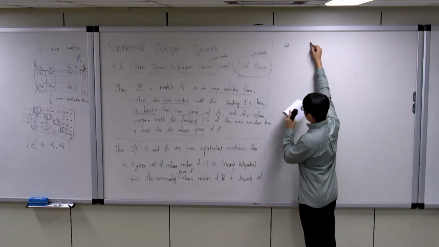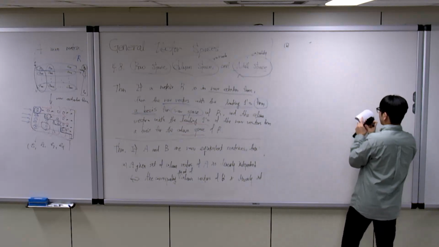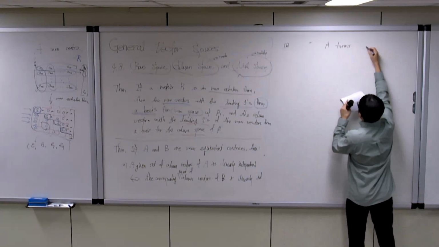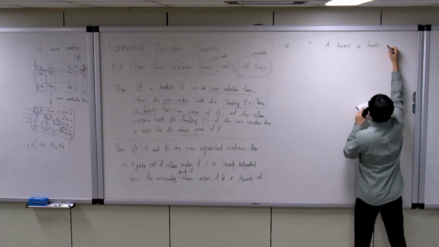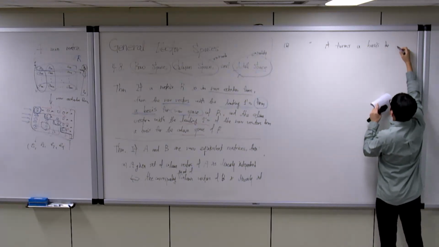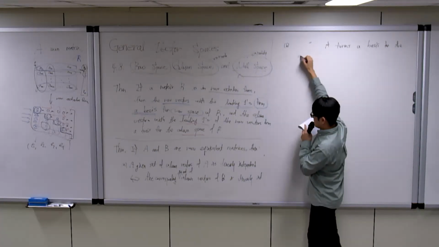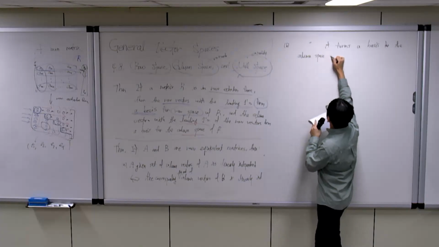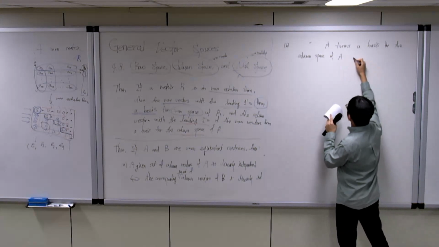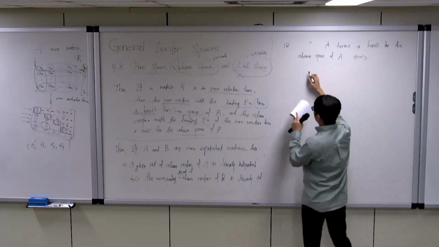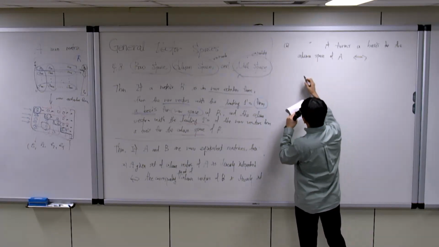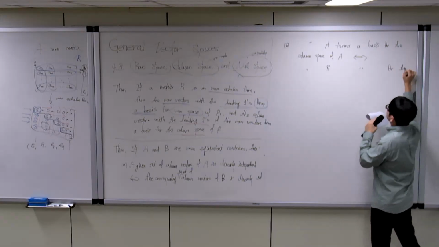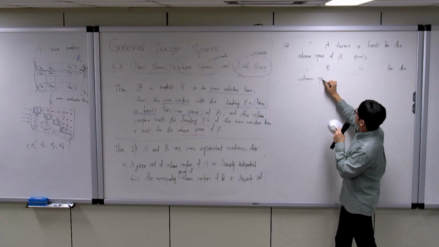In the same way, a given set of column vectors of A forms a basis for the column space of A if and only if the set of column vectors of B forms a basis for the column space of B.